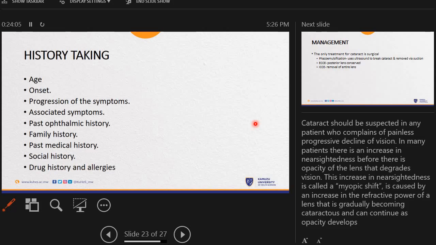But when you're developing cataract, the patient will say, in the past I couldn't see while reading a book, but now I can actually see well, and my vision is fine. And you can also be suspicious of a cataract, because the cataract will increase the refractive power of the lens.